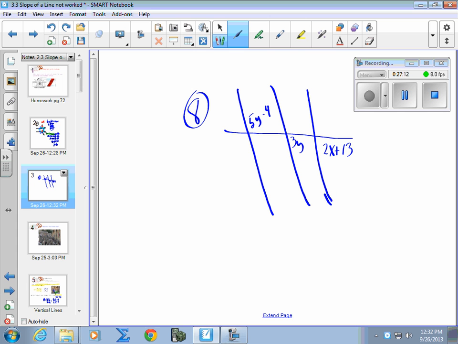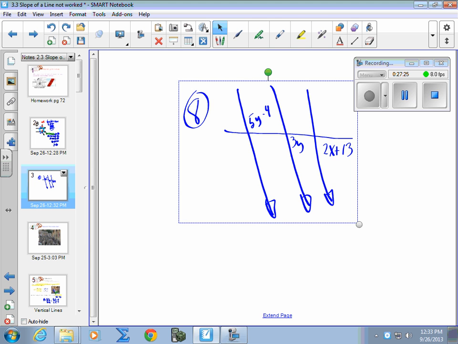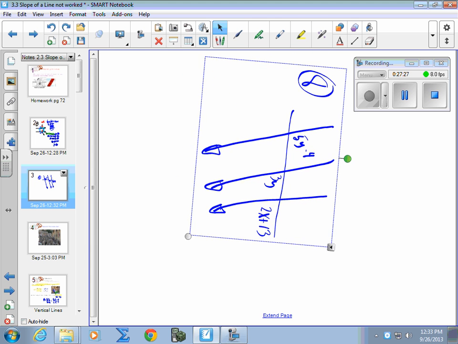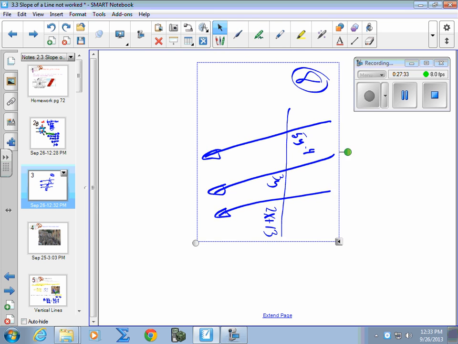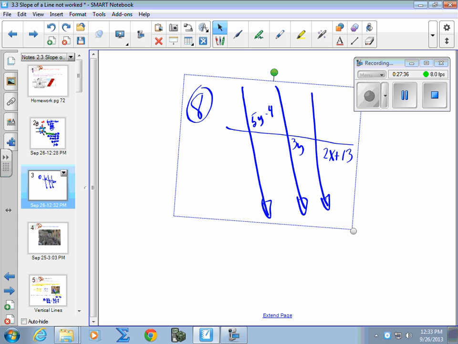We told you that this is parallel to this, parallel to this. All right. So if you have to move these around, I would. I don't know if I can alter the whole thing, but turn it sideways if you have to. Okay. Turn it back.